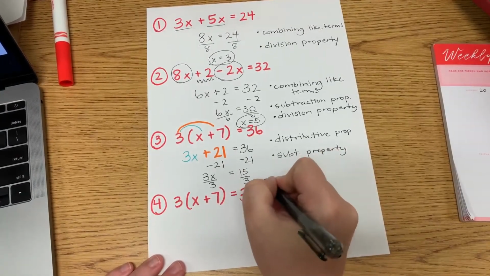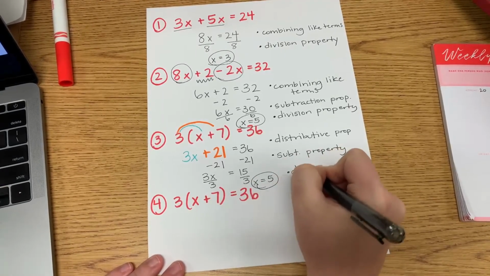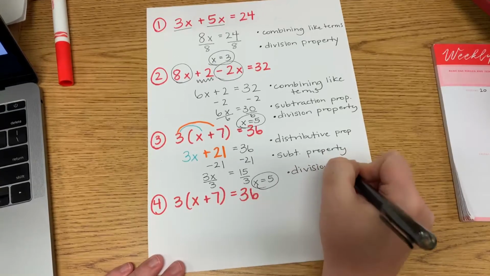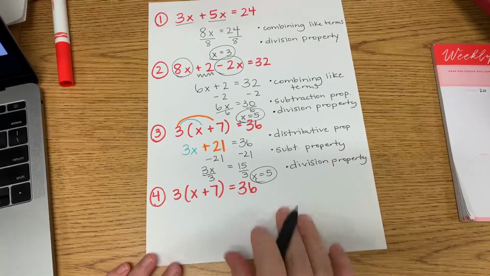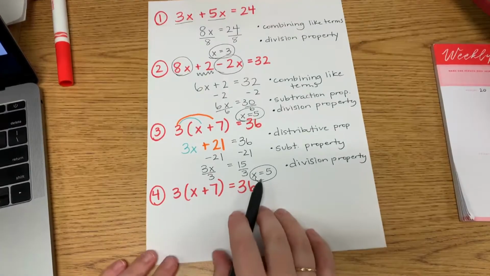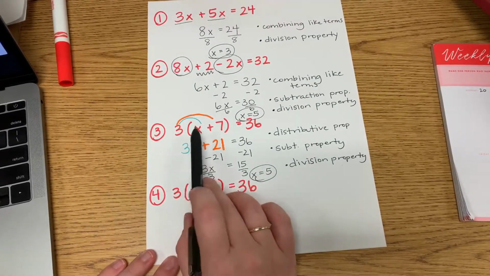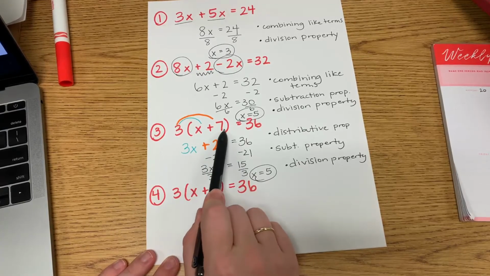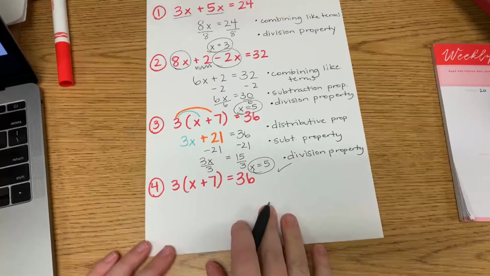That leaves me with x equals 5. And that would be the division property. Okay, so you can always check yourself. Let me put this back in. If I put 5 right here, 5 plus 7 is 12, and 12 times 3 is 36. So I'm checked off, good to go.